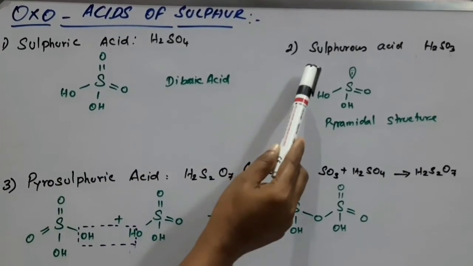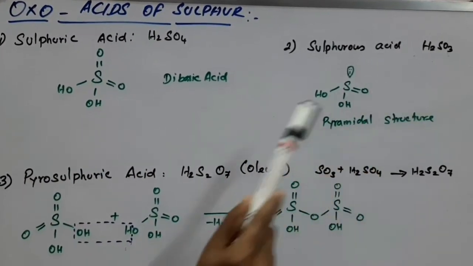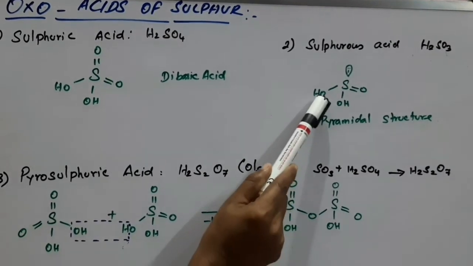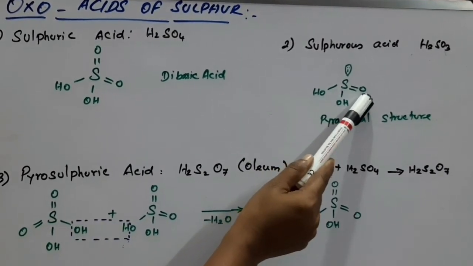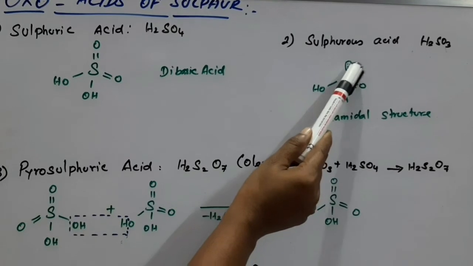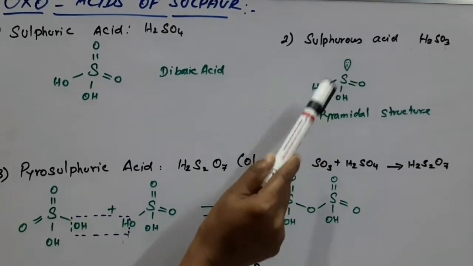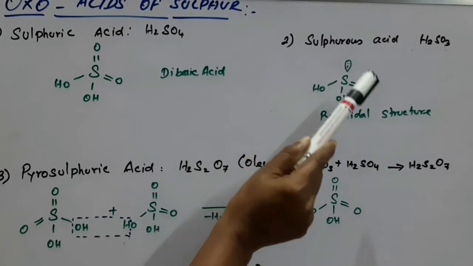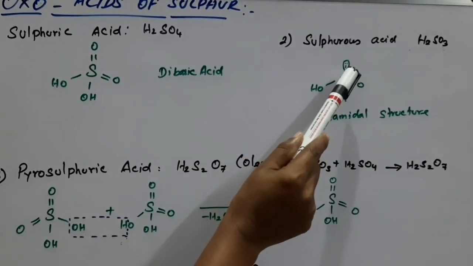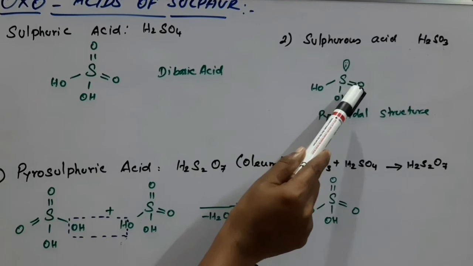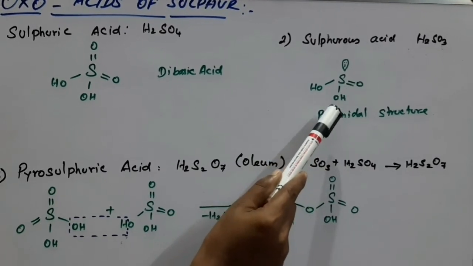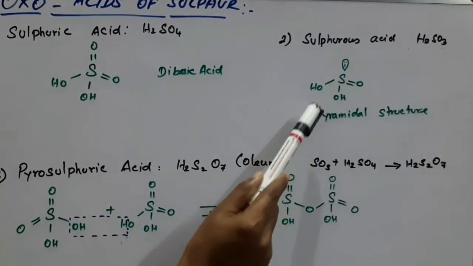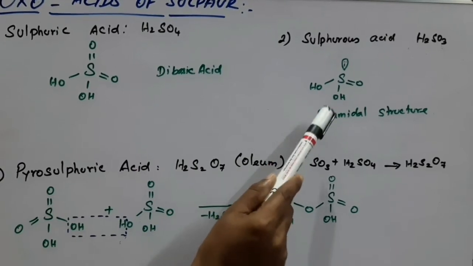Sulfurous acid has the formula H2SO3, with OH and a double bond with O, and here the lone pair is present. In the structure, you must note the lone pair and where the double bond connections take place and where the single bond is connected with the sulfur. Everything is very important.